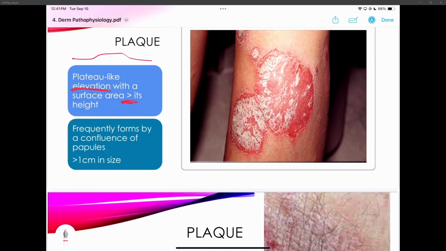What they're saying is that the height here, obviously the surface area is going to be a lot bigger when you look down on it. So the width of a plaque is going to be a lot greater than the height of the plaque. That's all it's saying. And they are frequently formed by confluence of papules greater than 1 centimeter in size. So they all kind of come together and then they pop, and then you're left with one big area that's exposed.